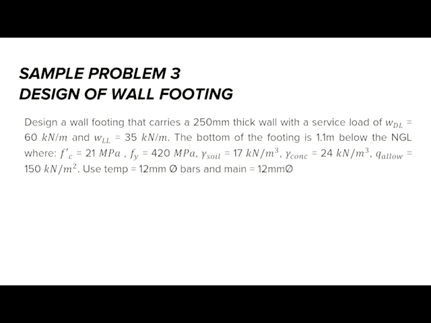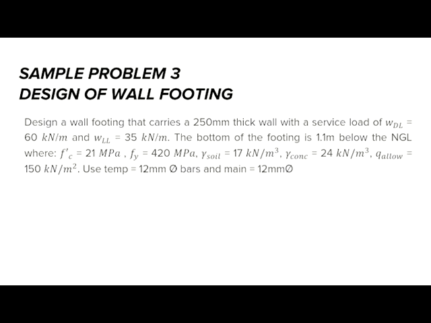The bottom of the footing is 1.1 meter below the natural grade line, where f'c is equal to 21 megapascal, fy is equal to 420 megapascal, gamma of soil is equal to 17 kilonewton per meter cube, gamma of concrete is equal to 24 kilonewton per meter cube, and q allowable is equal to 150 kilonewton per meter squared. Use temperature bars of 12 millimeter diameter and main bars of 12 millimeter diameter.